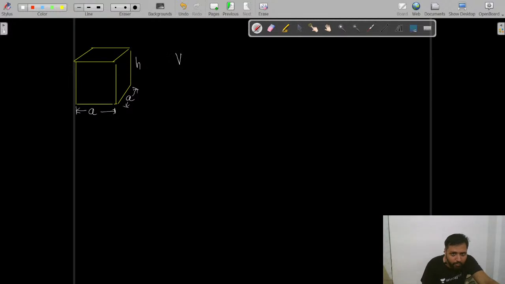Now, how much will be the volume of this square parallelopiped riser? The volume is going to be A square into H, or you can write H as a function of V and A, that will become Vs upon A square. What will be the surface area of this riser?